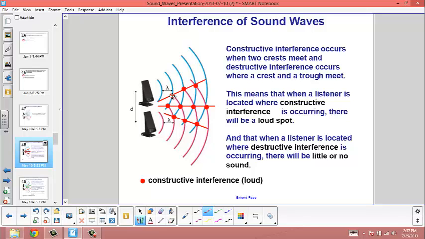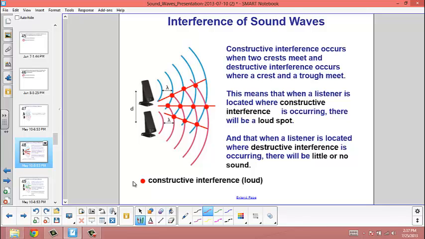So at this location, the crests from speakers A and B line up. These are regions where constructive interference occurs. So if you were walking in space and you were standing at the location of any of those red dots, you'd hear a relatively loud sound.